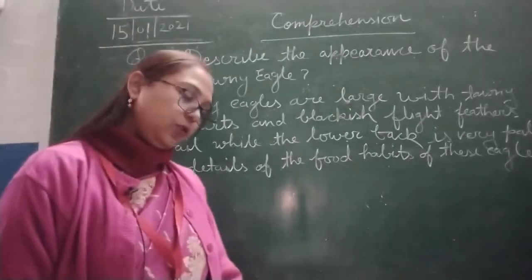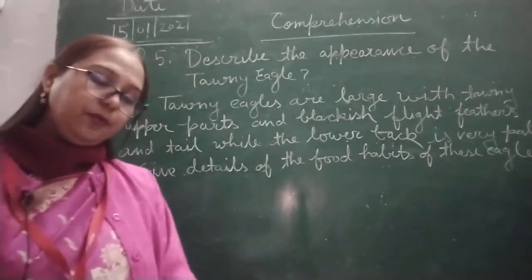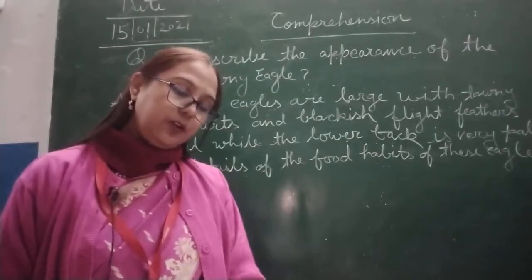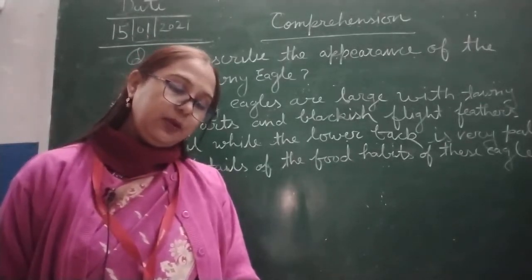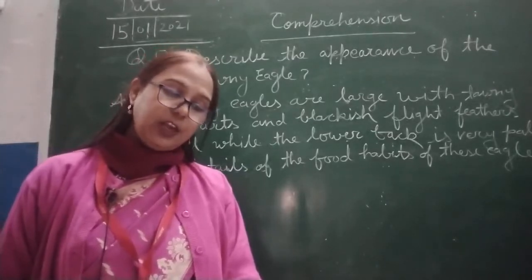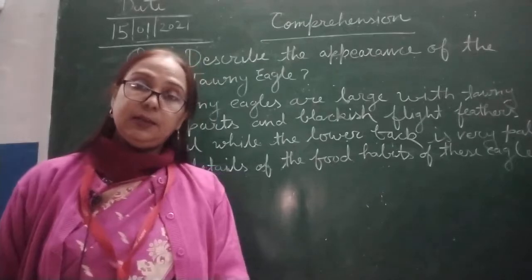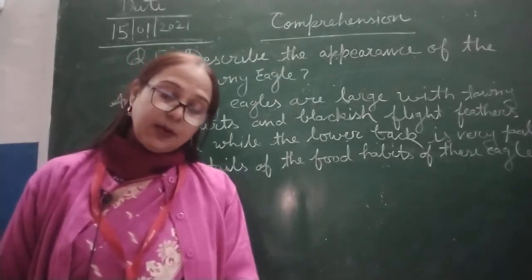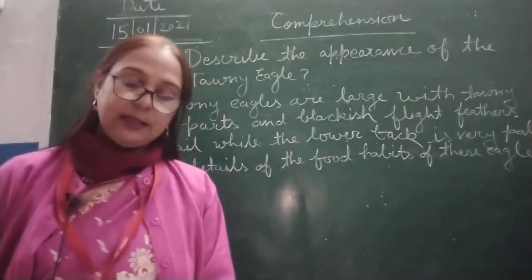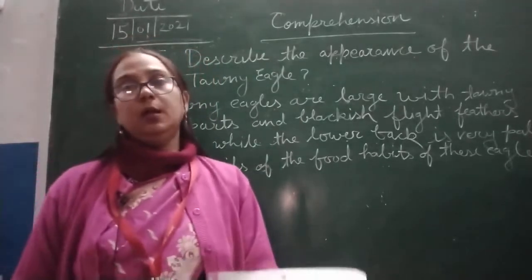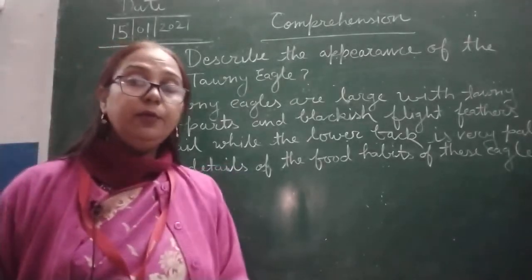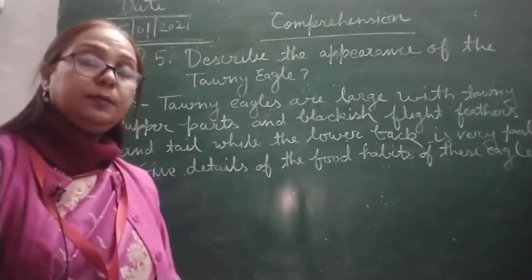In the paragraph you can find what kind of food they eat. It eats largely fresh carrion of all kinds. And it also kills small mammals like rabbits, reptiles and birds as big as a junglefowl. So here children, you can see the food of tawny eagles.